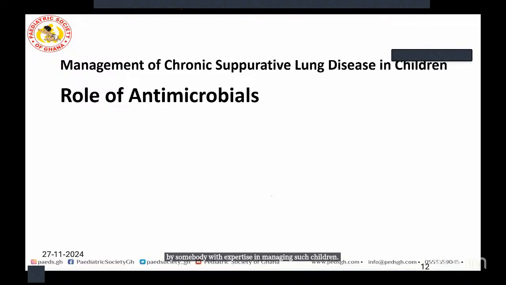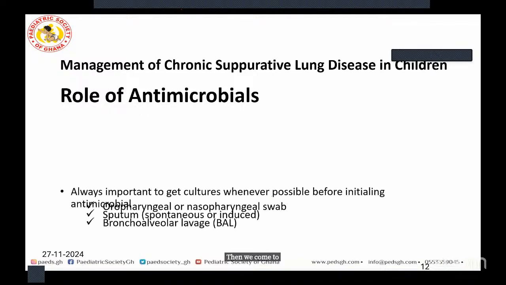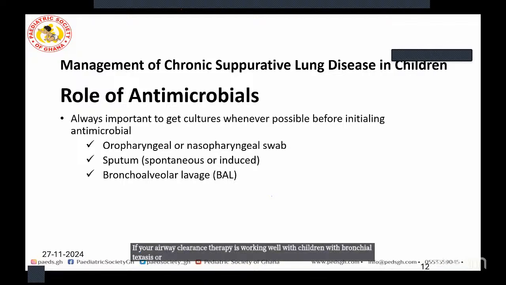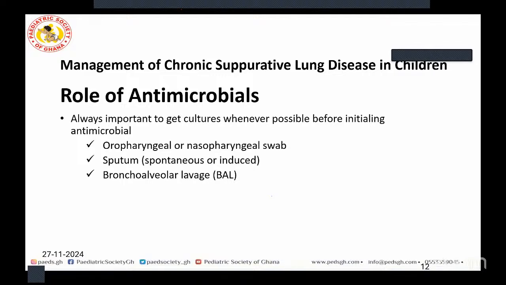Then we come to the role of antimicrobials. Ideally, if your airway clearance therapy is working well with children with bronchiectasis or other chronic suppurative lung disease, then you may not need any antimicrobials, but sometimes there may be the need.